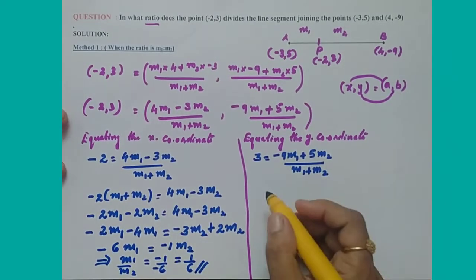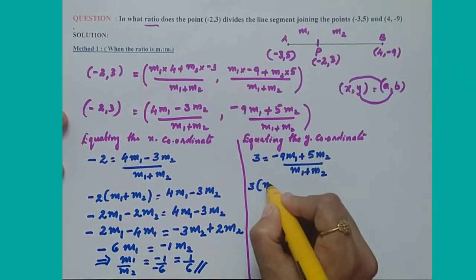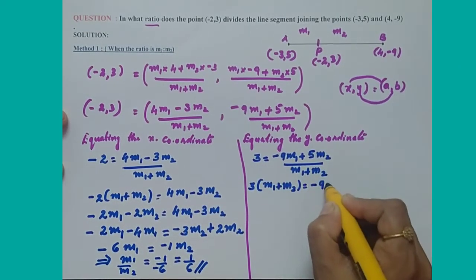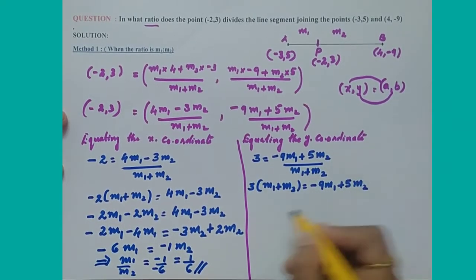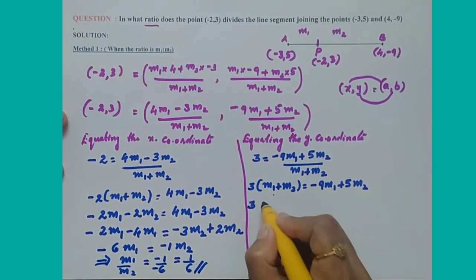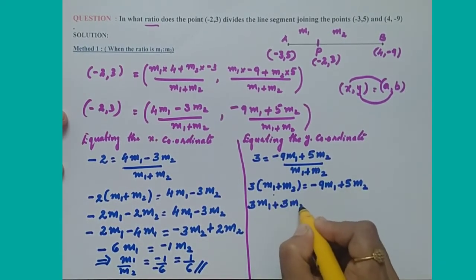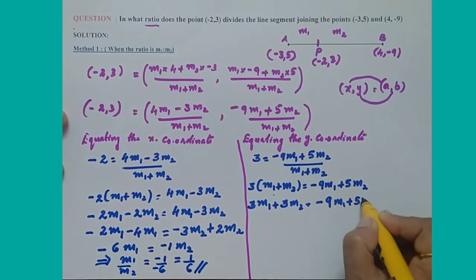Now cross multiplication: 3 into m1 plus m2 equals minus 9m1 plus 5m2. Now multiplying inwards, 3m1 plus 3m2 equals minus 9m1 plus 5m2.